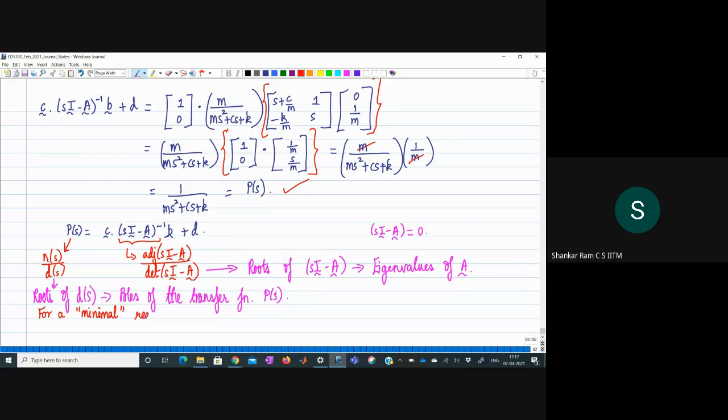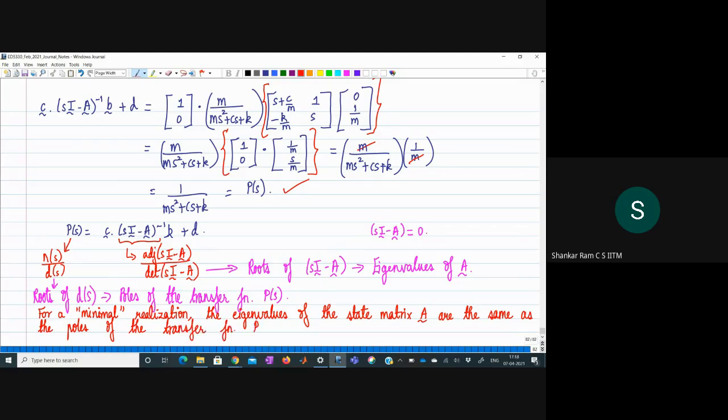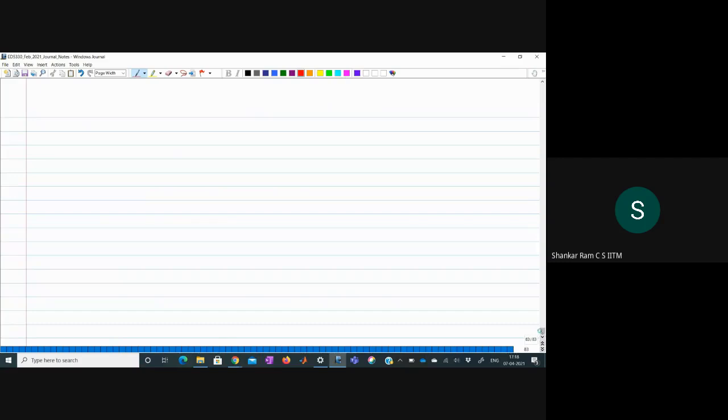For a so-called minimal realization, the eigenvalues of the state matrix A are the same as the poles of the transfer function P of s.